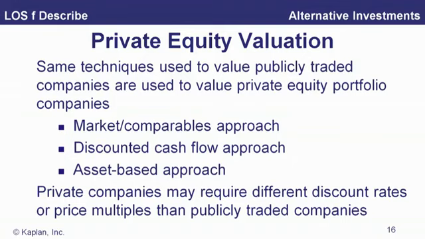Hopefully most of our companies are worth more than the fair market value of their assets if they were sold today. And private companies may require different discount rates or price multiples than publicly traded companies. One of the primary reasons for that is, as I mentioned, that the liquidity of public shares makes them quite a bit different investment from a minority investment in a private corporation where you have really no say in anything about it.